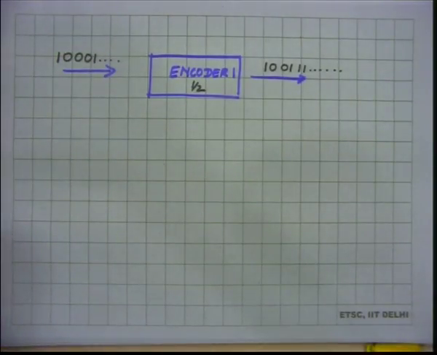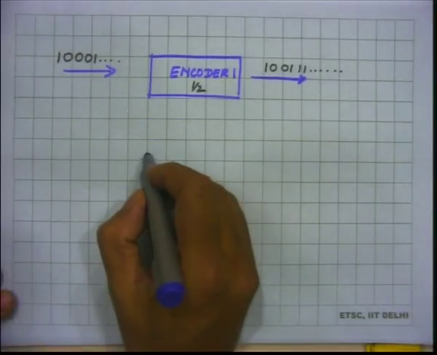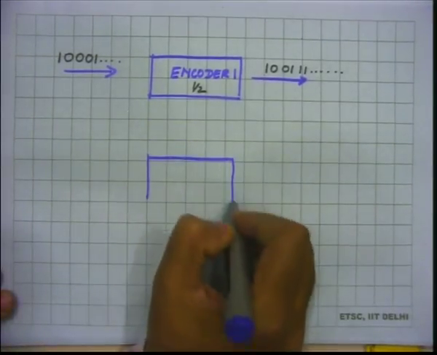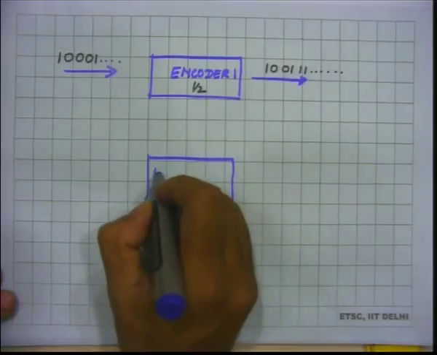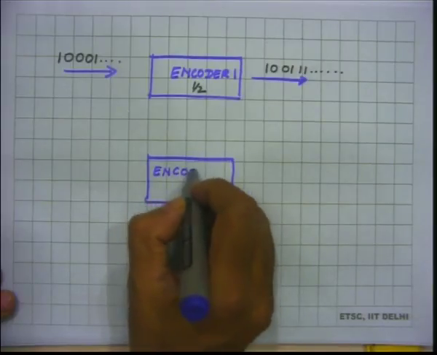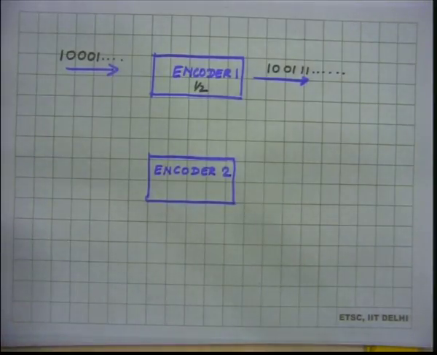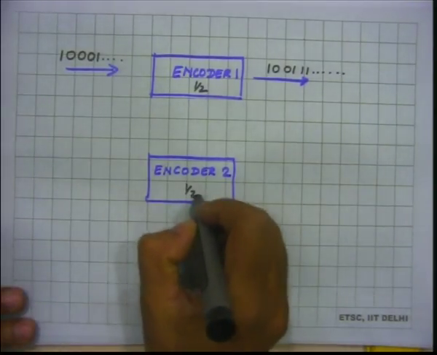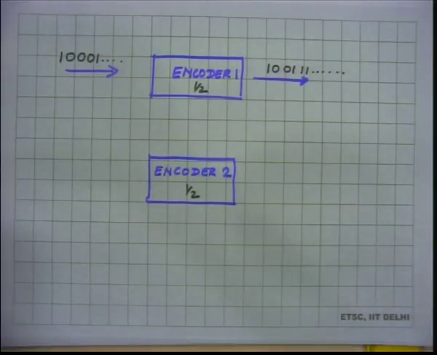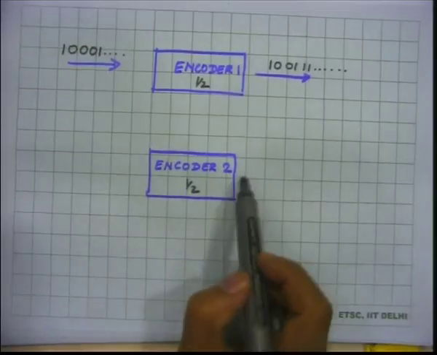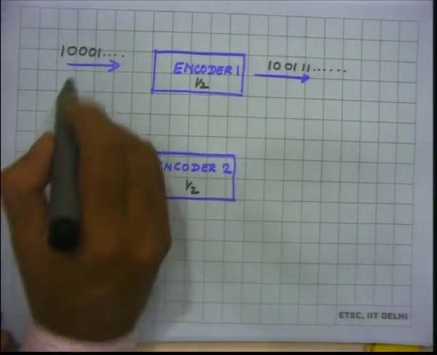Now, if we put the same encoder here, but we label it as encoder 2, and it is again rate 1 by 2, if we had given the same input here, I would get the same output, but we do not want that.